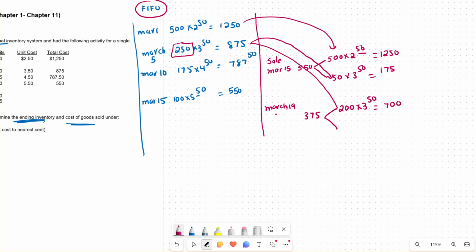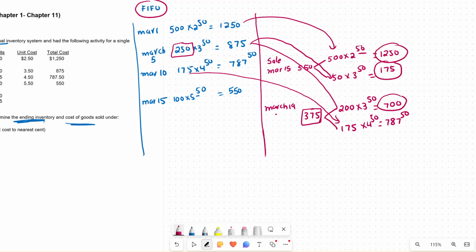The value will be $700, but we sold 375, and my next inventory is 175 units, so we sell 175 units to make up that 375. That will be $787.50.